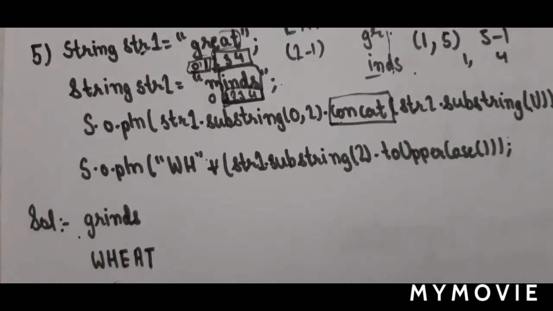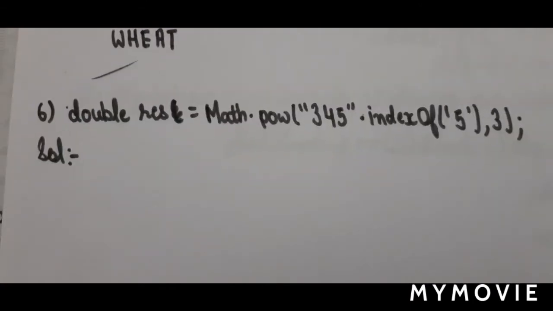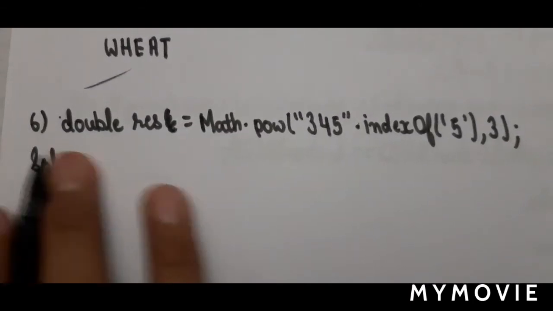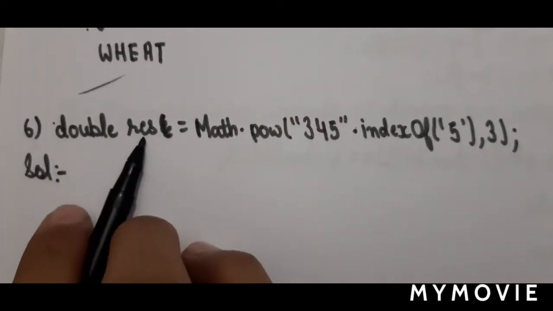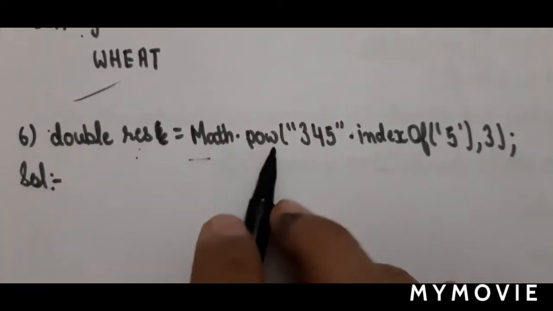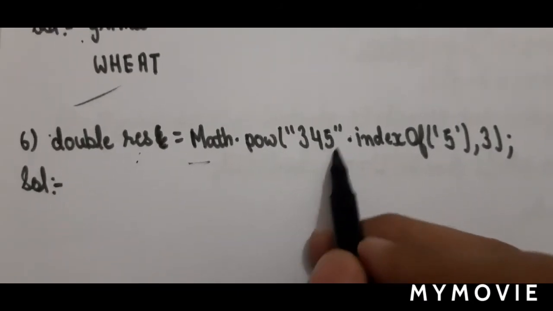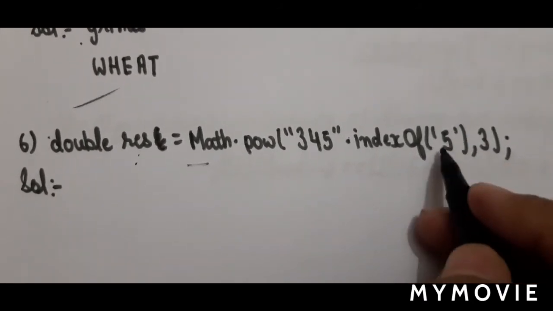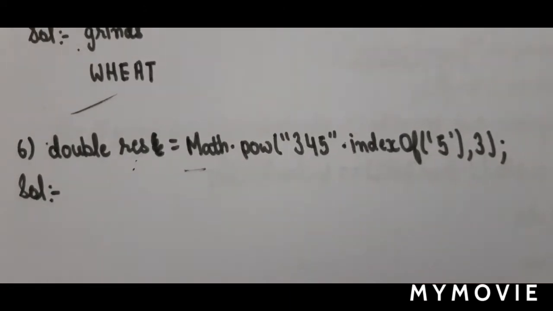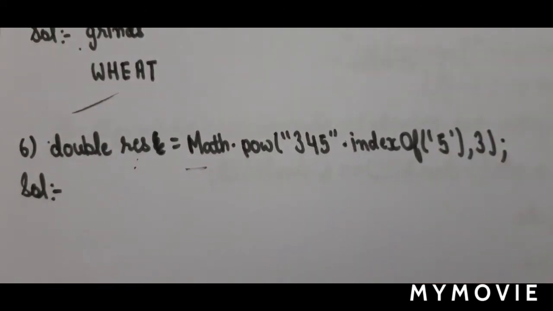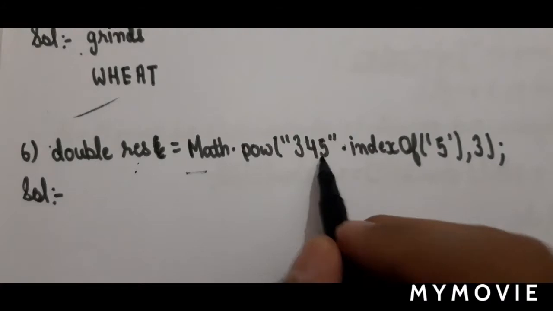So let's move on to our next question. Friends, our sixth question is to find the output of this. double res = Math.pow(345.indexOf(5)). I told you indexOf checks in which place 5 is.